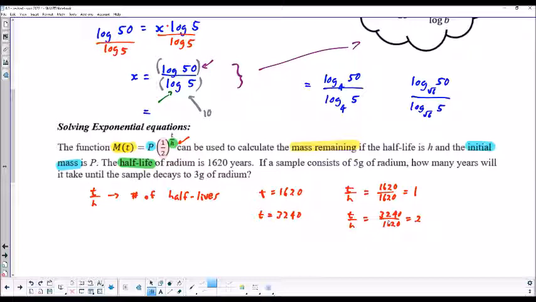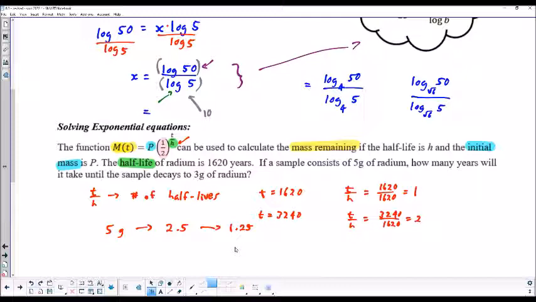So in 1 half-life of 1,620 years, some original sample decays to half its original size. It's going to take then 1,620 years for that half to decay to half of its size. So if we start with 5 grams, after 1,620 years, it decays to half of its size. After another 1,620 years, it decays to half of that.